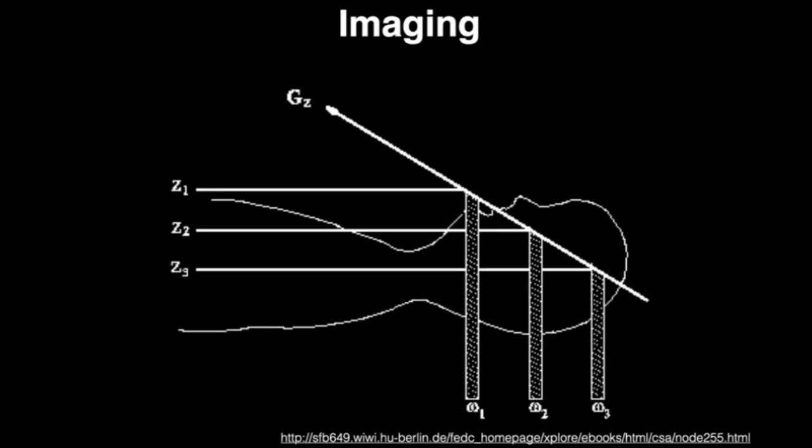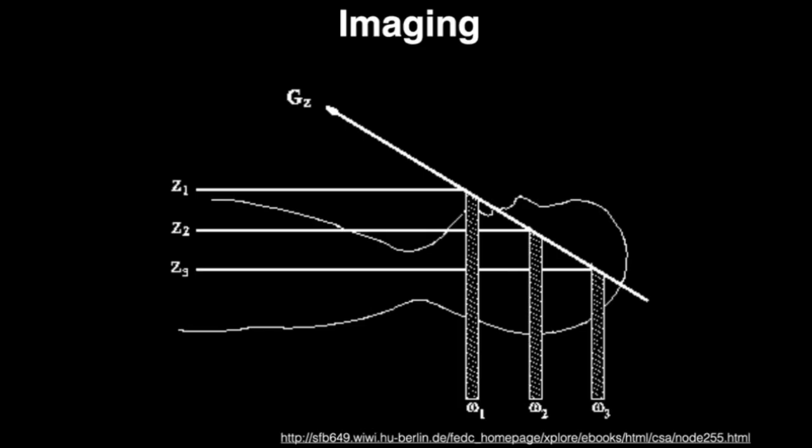Now, with this variation in the magnetic field along the head-foot axis, if we apply an RF field at omega-3, we're just going to excite and tip the spins in that slab of tissue up in the patient's brain.